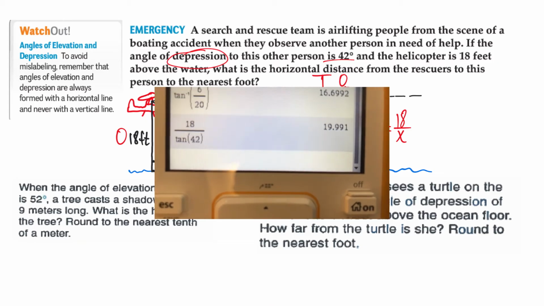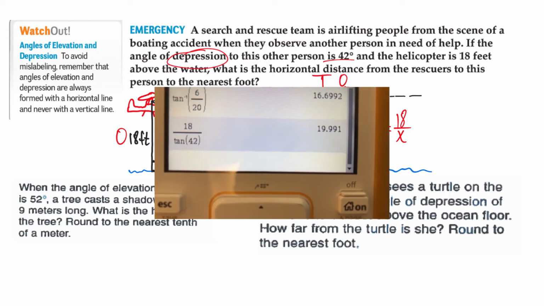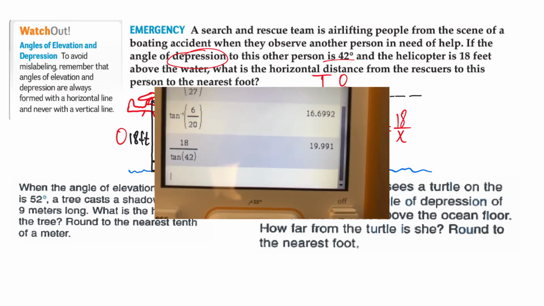Okay, so 18 divided by the tan of 42, 19.99. We'll go ahead and round that and just say 20.